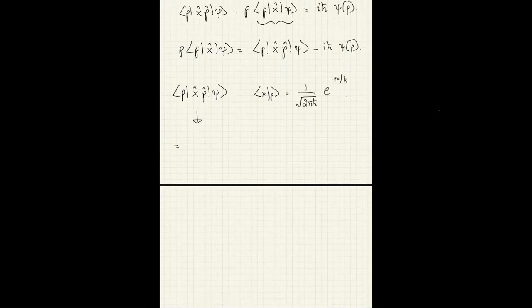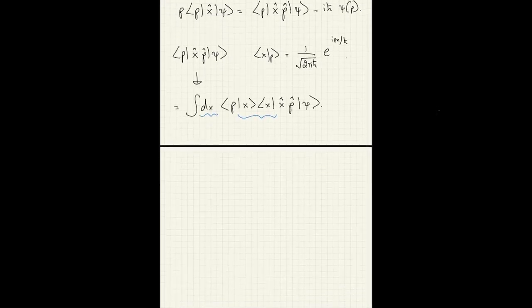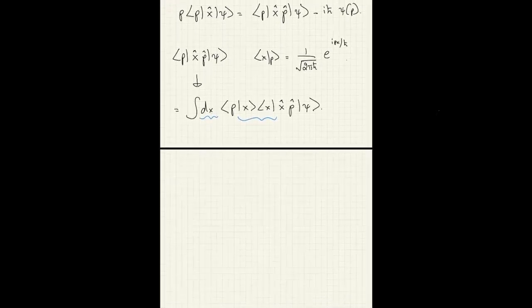This is equal to the integral dx ⟨p|x⟩⟨x|XP|psi⟩, where I've introduced a complete set of states, which is just one. Now I know what this overlap is. ⟨p|x⟩ is simply the Hermitian conjugate, the complex conjugate, of this.